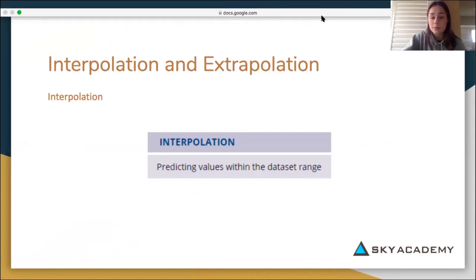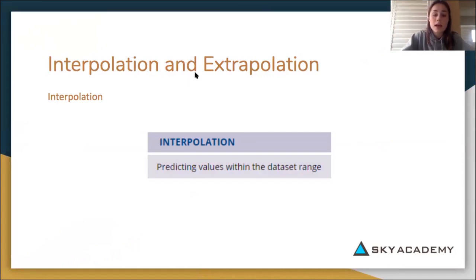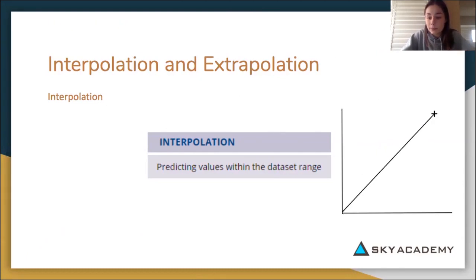For example, if I had a graph or a scatter plot, as we have been calling them, and I had a line of best fit through here, and I had my values, my last value was here, at 6 and 150.